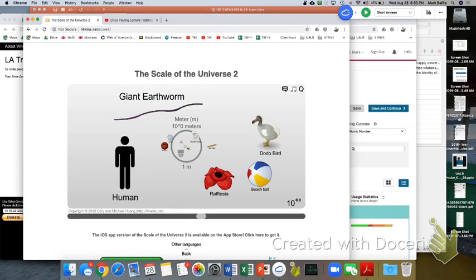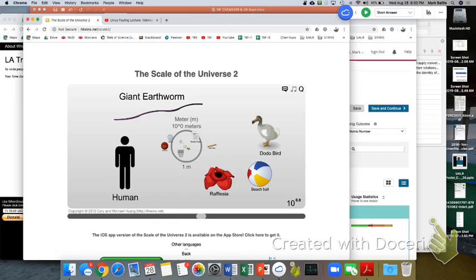This is kind of an interesting and super creepy soundtrack where it kind of shows us a scale. And so when we're talking about the scale of these things, this is going to be shown in scientific notation. So it shows us here in how many meters, scientific notation at the top and the meters at the bottom.